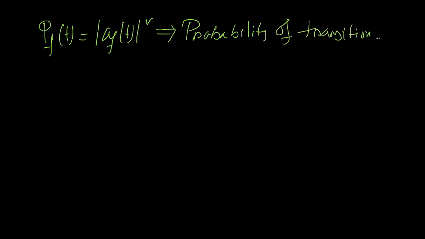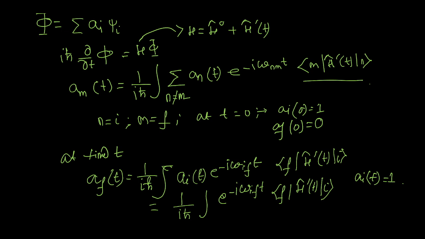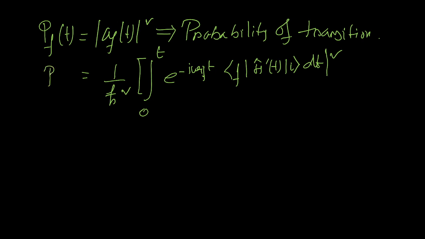So option 4 is correct, and the expression should be the modulus of the integral of <f|H'(t)|i> dt, squared.